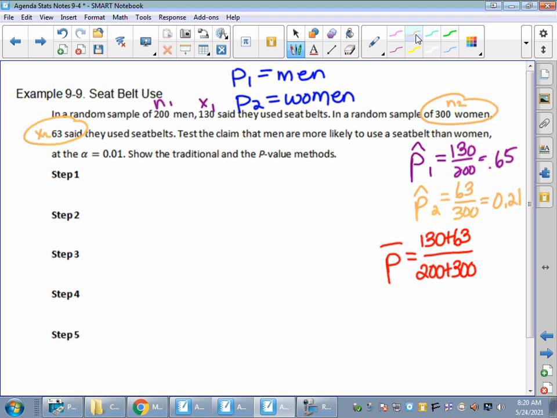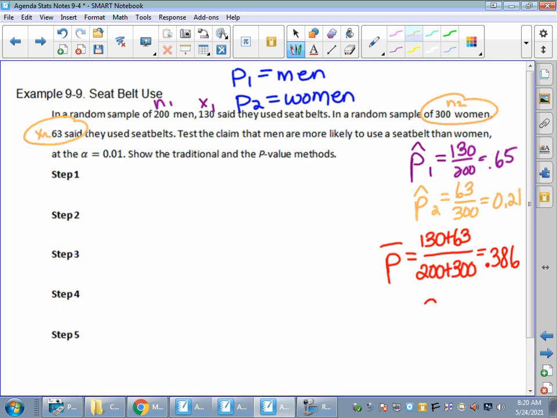This is what we're using as our population estimate. Remember, for population proportions, I'm always going to go to 3 numbers after the decimal. So 193 divided by 500. Sorry, my calculator's not cooperating. That's going to be something like 0.386.